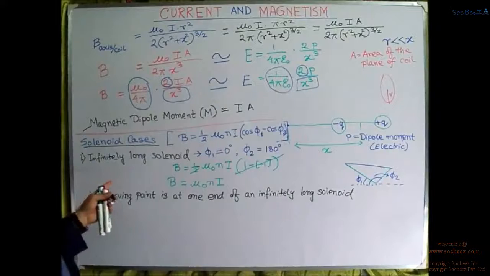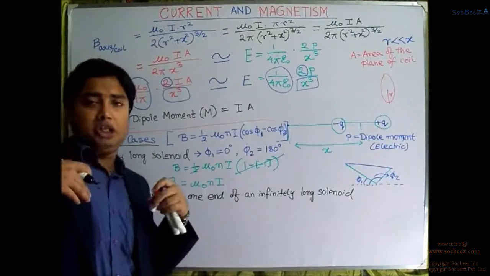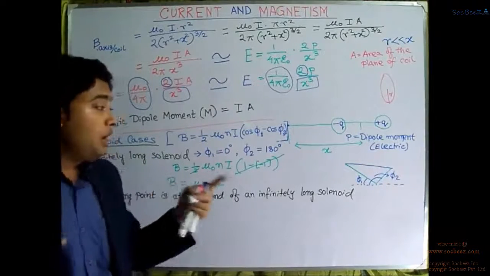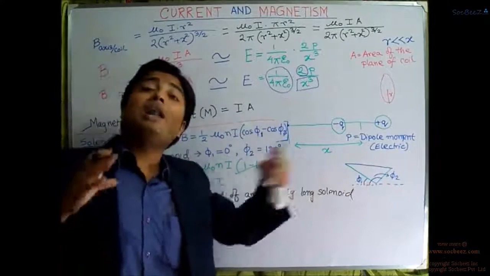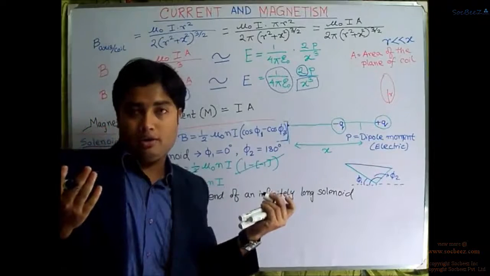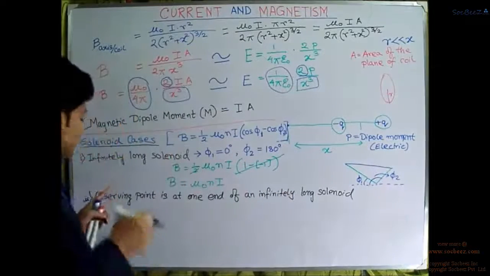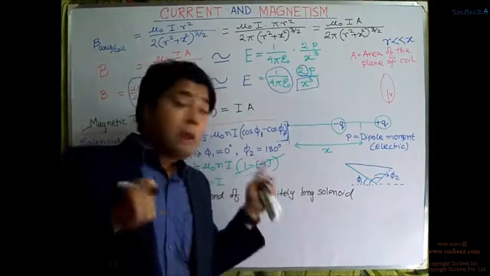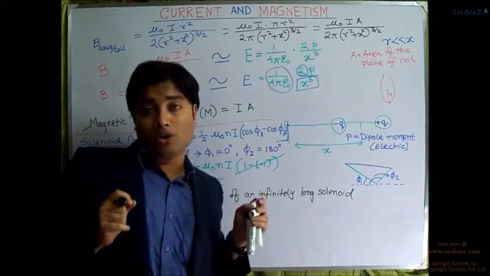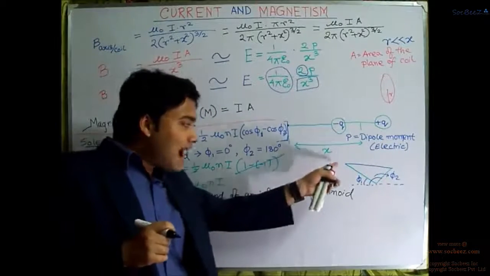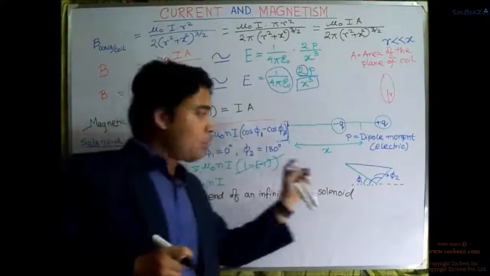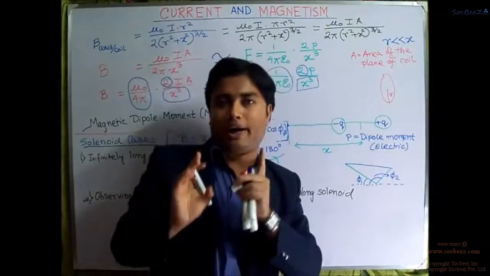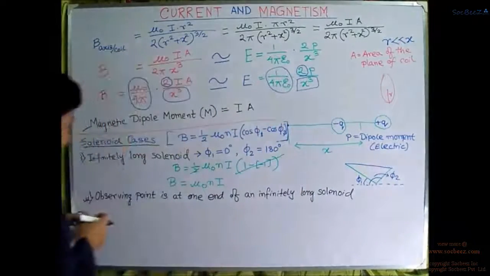The first case was that our observation point, the point from where we are observing, is well inside the solenoid. Now the second case is that the solenoid is again infinitely long, but now our observing point is at one end, at this end or at this end, right?